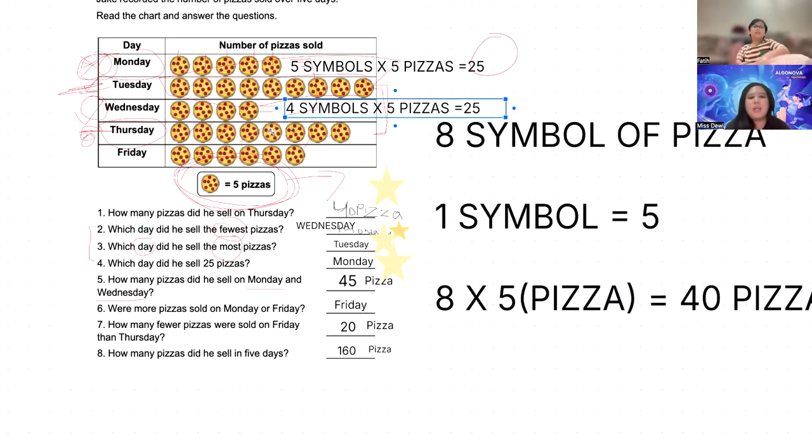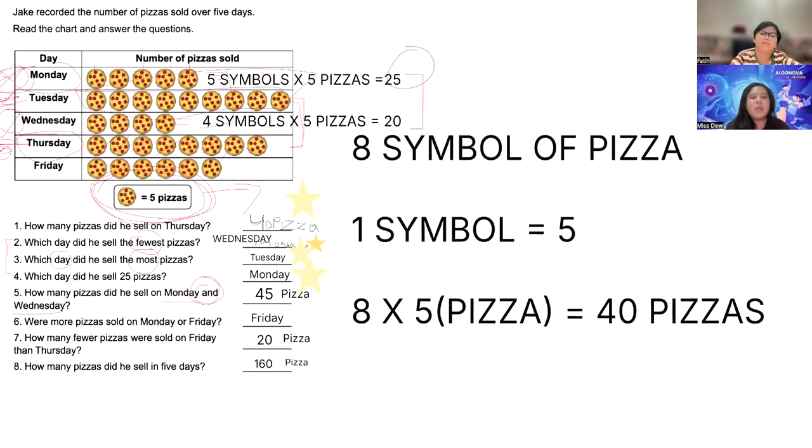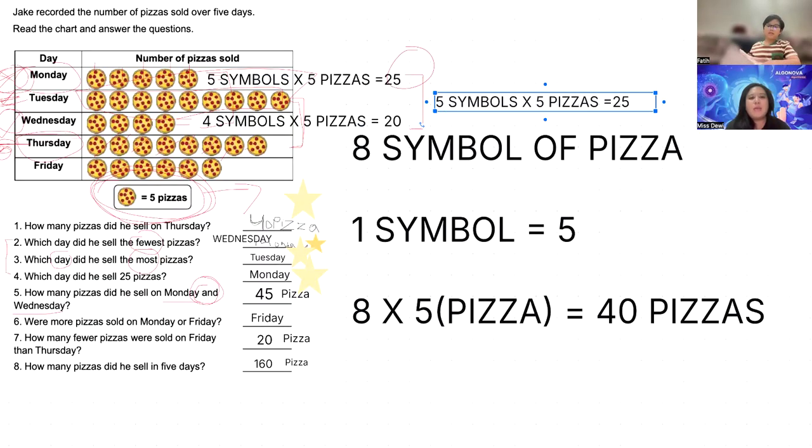So you need to do addition because the word and in this question stands for addition. It means 25 plus 20. 25 as Monday, and 20 stands for Wednesday.